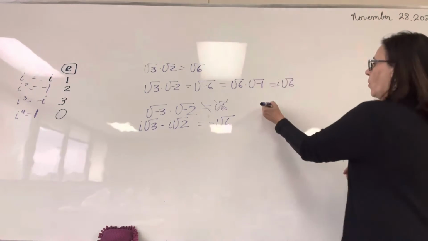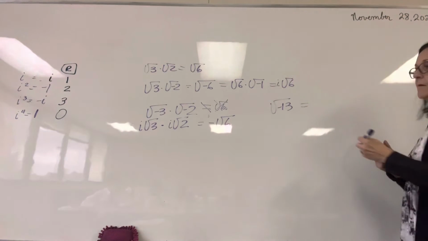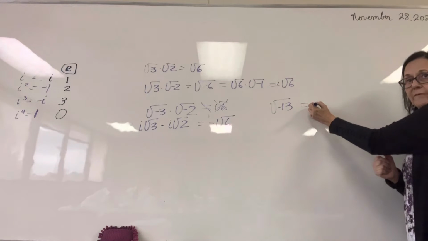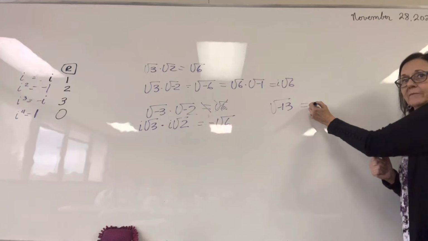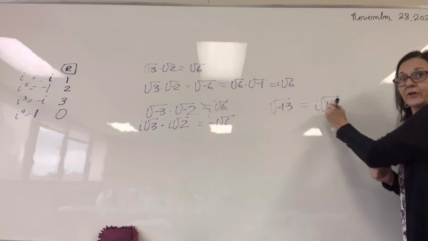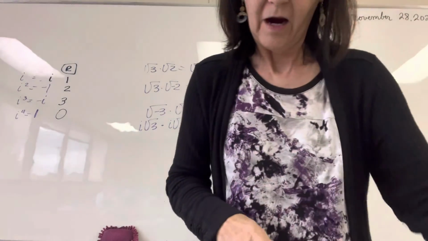All right, so what is the square root of negative 13 equal? Landry, what is the square root of negative 13 equal? Nope, don't use a calculator. Just tell me. Just i square root 13. Got it? All right.